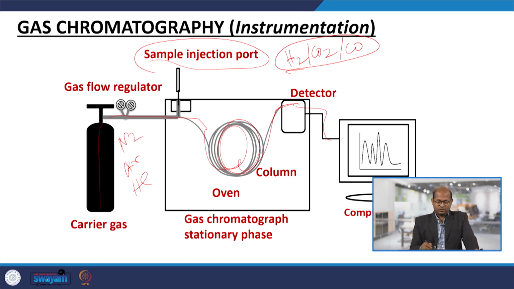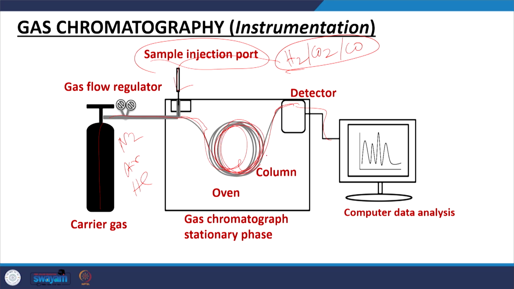When injected here, they follow the column, come out through the column and reach the detector, and the detector detects each individual component and we get the corresponding concentrations. Here this is hydrogen, this is CO2, this is CO.